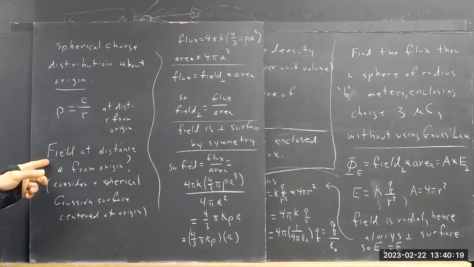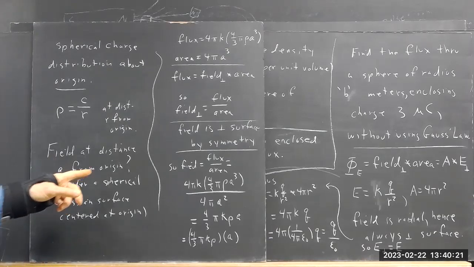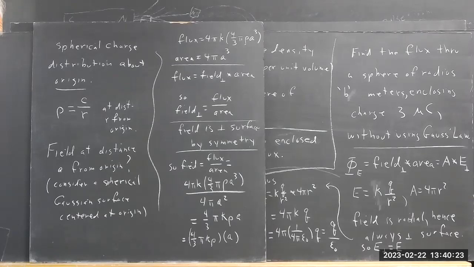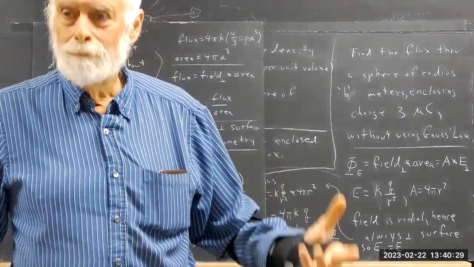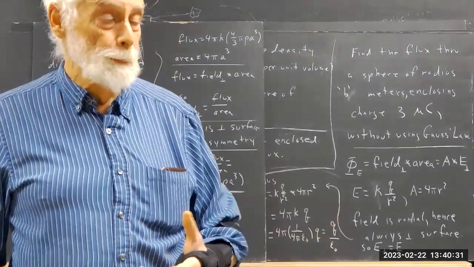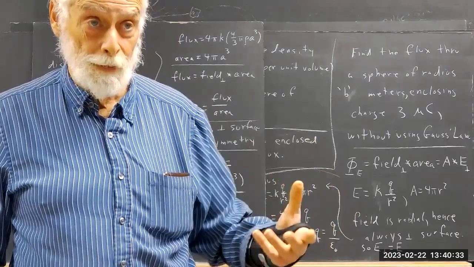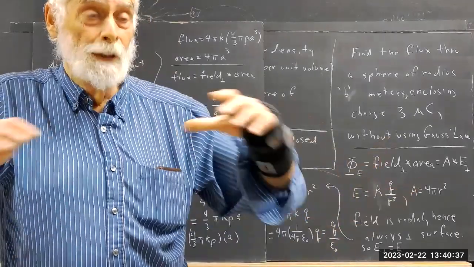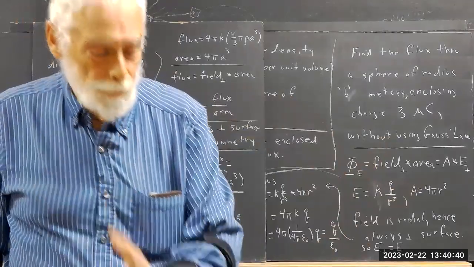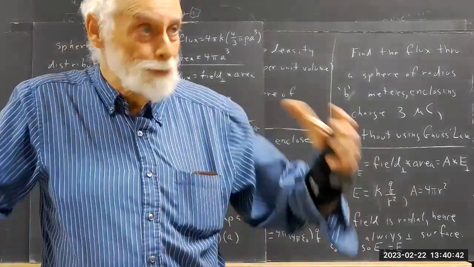And now we want to find the field at a distance a from the origin. So we create a Gaussian surface. Now the shape of the Gaussian surface depends on the situation. In this case, the Gaussian surface is going to be a sphere, and that's fairly obvious. Since you're trying to find the field at distance a, you're probably going to use a sphere of radius a.